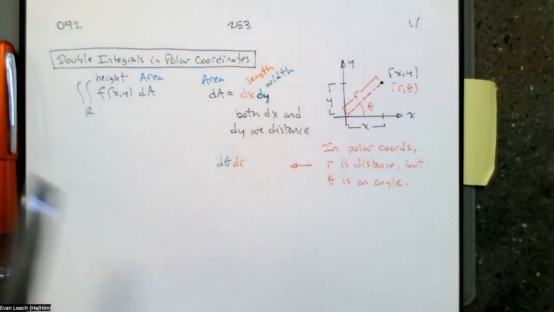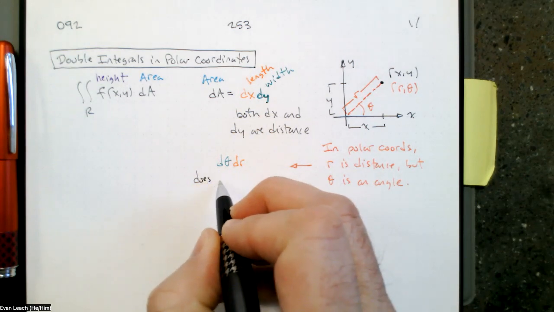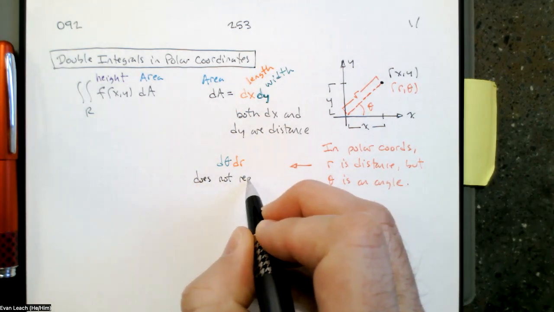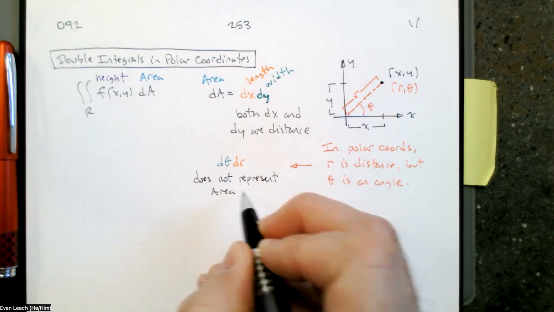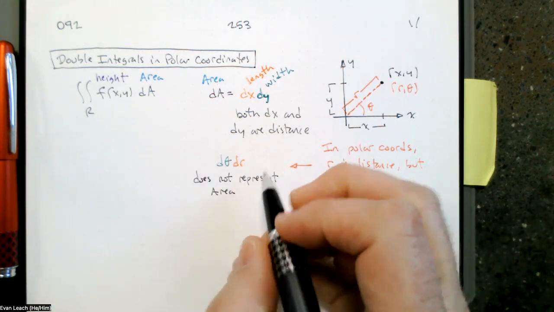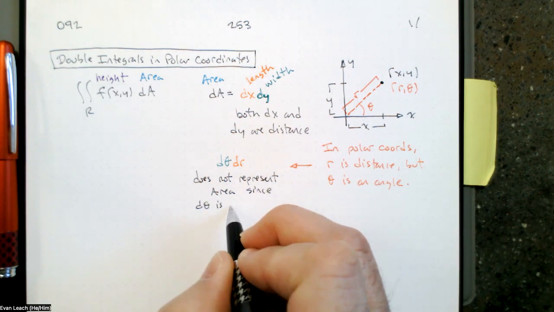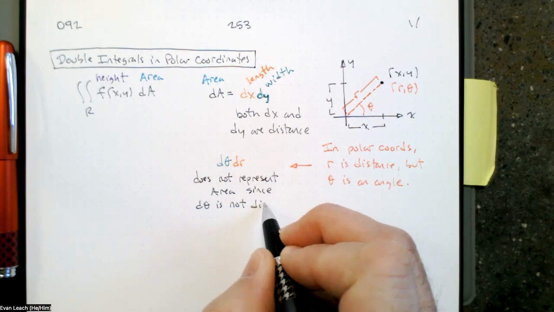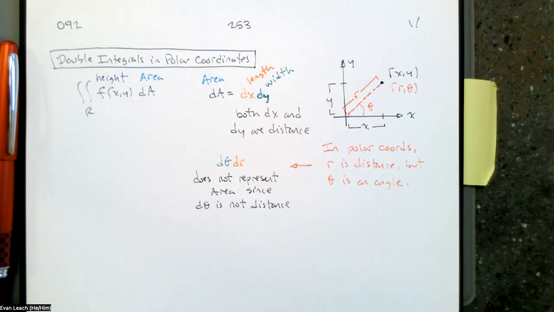So d theta dr does not represent an area, because d theta is not distance. dr will represent some number of meters. d theta will represent some number of radians.